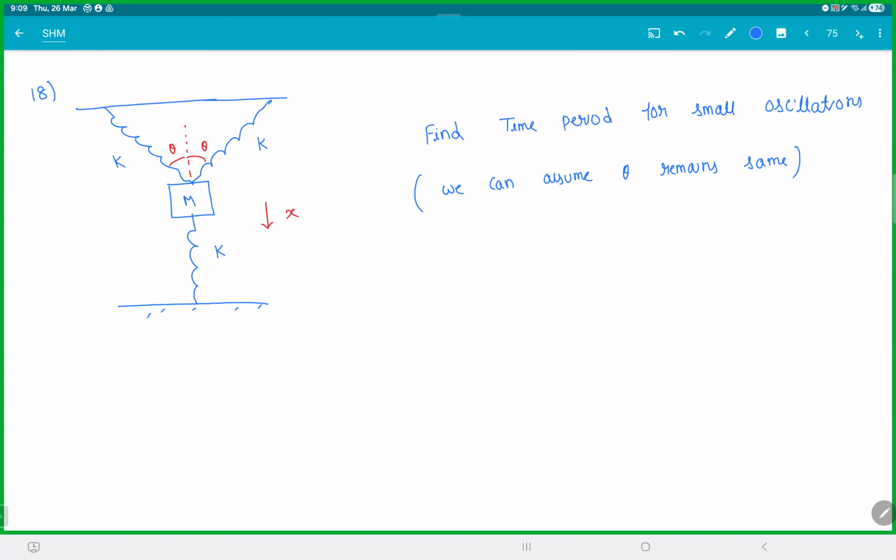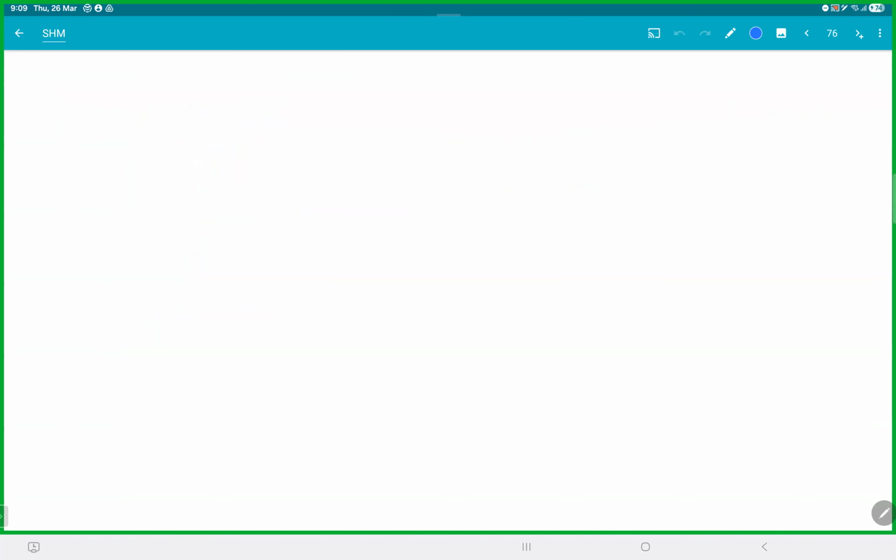So what's the idea here? Let's see first of all in a more general way. If you have a block M, and let's say we have a spring at an angle theta, like this. Now look at the idea there. If you displace this block by x in this direction, then this spring will stretch.